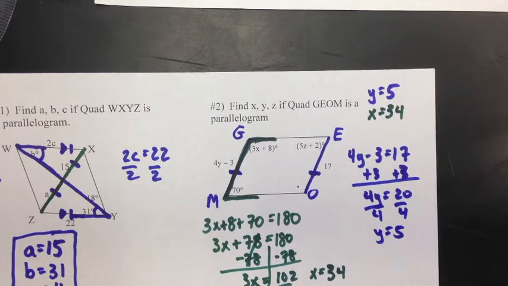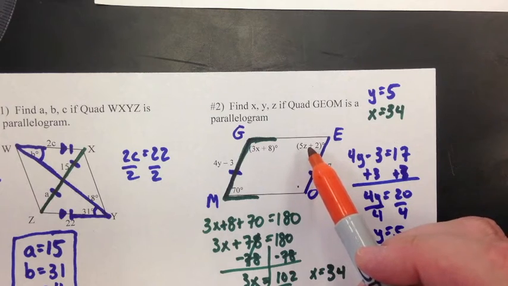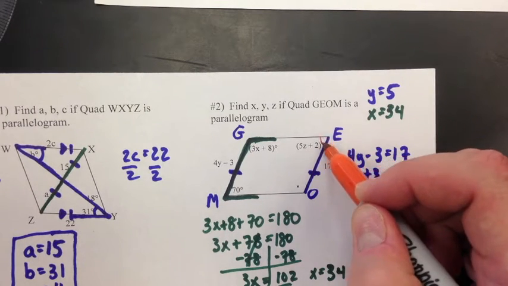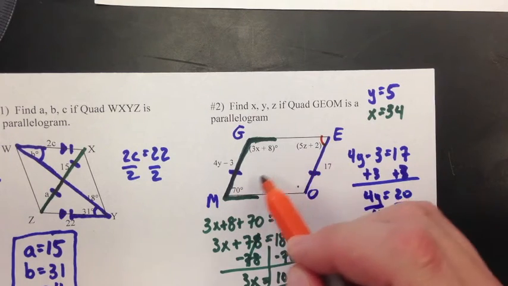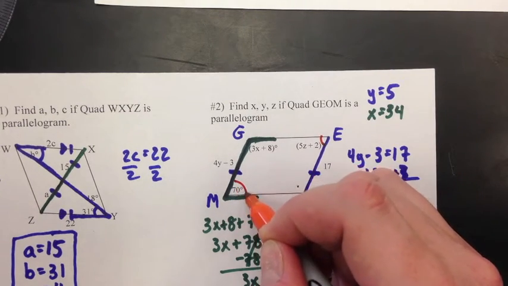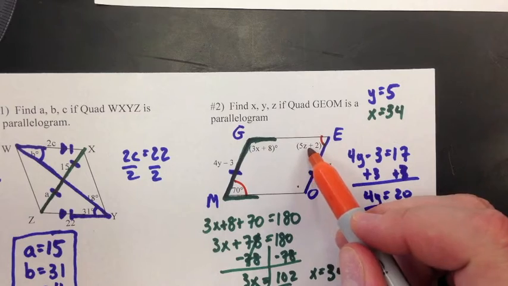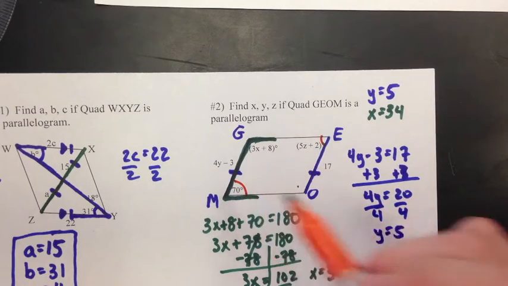The last thing that we need here is the z. Well, let's see. 5z plus 2 is this angle. In a parallelogram, what do you know about opposite angles? Opposite angles are congruent. So 5z plus 2 equals 70.